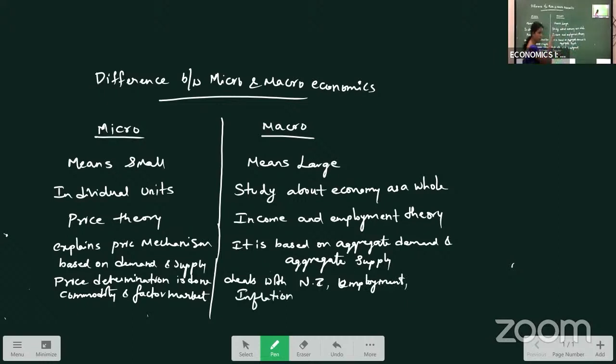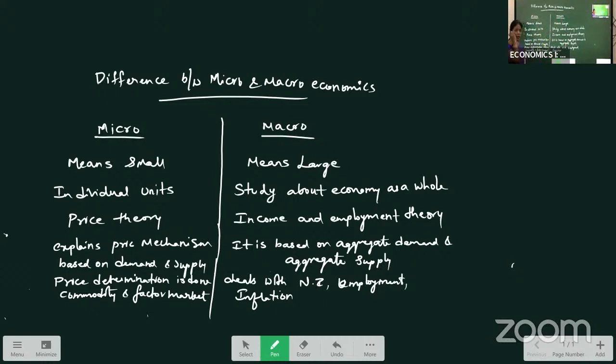So in the total economy, how much is the national income, how much is the employment level, and what is the inflation rate? All these we are going to study under macroeconomics. In micro, we determine the price. In macro, we study the total economy.